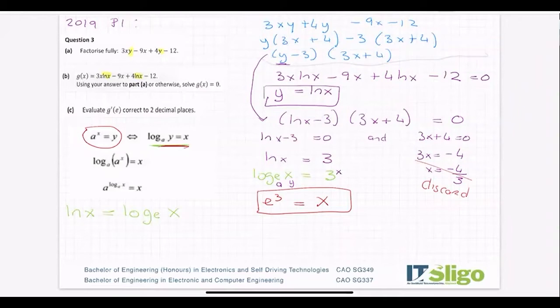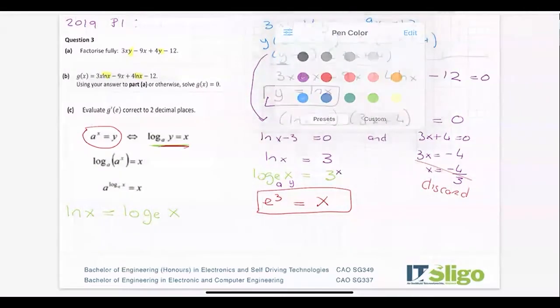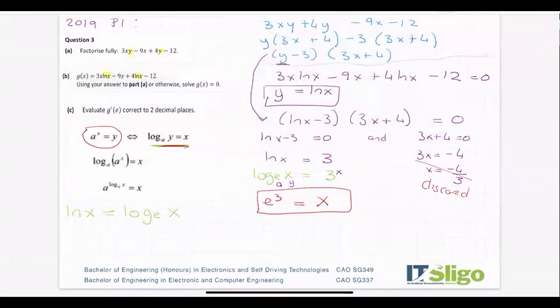Okay, now I also, if you bear with me, I also like this rule and the top one. They're just the opposite of each other. So if I could write this one down here again, because you can also do it this way. If it's ln, so that's log to the base e of x is equal to 3. Okay, the opposite of logs is powers.